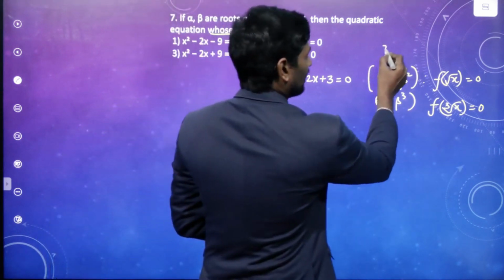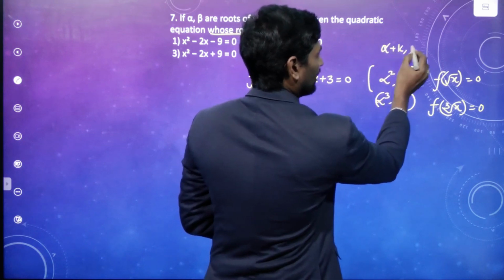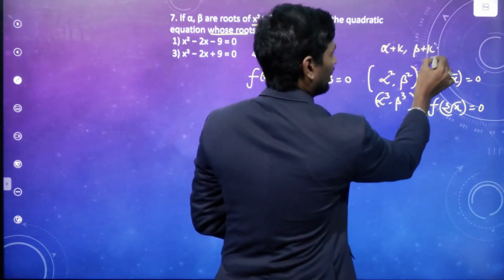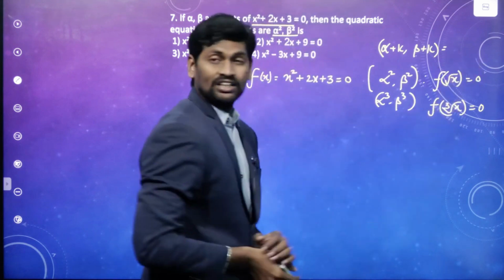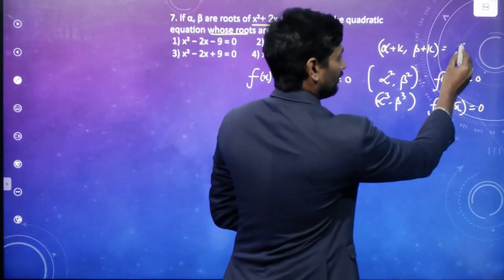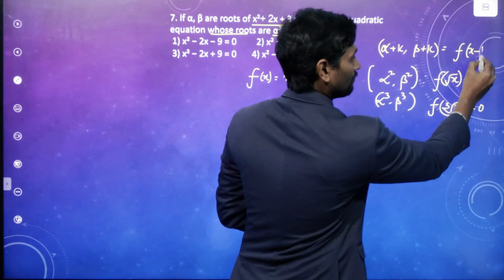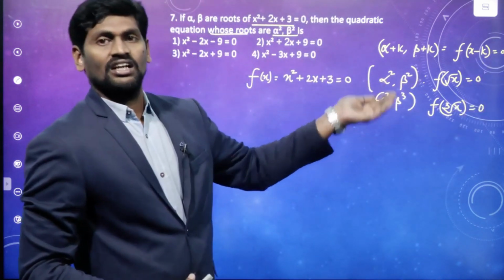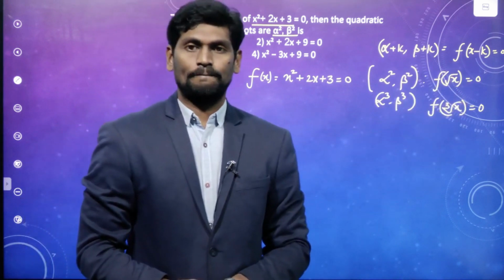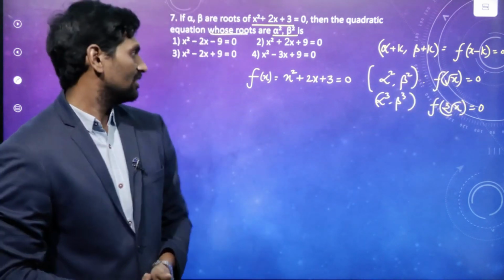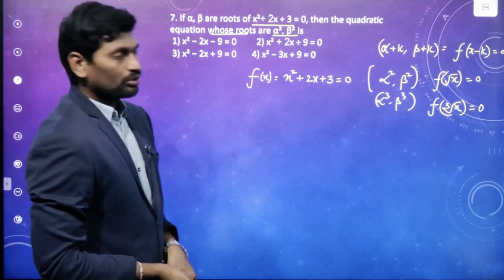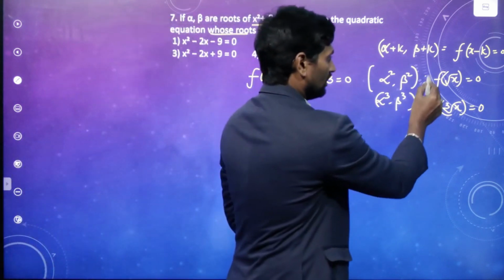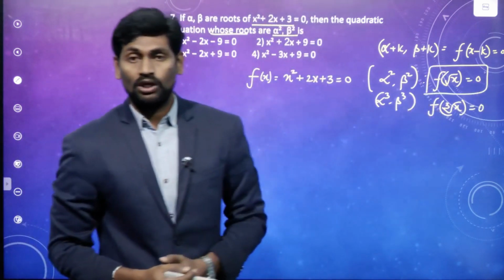Like alpha plus k, beta plus k are roots, then the quadratic equation is f of x minus k equals to 0, because the inverse operation of plus k is minus k.